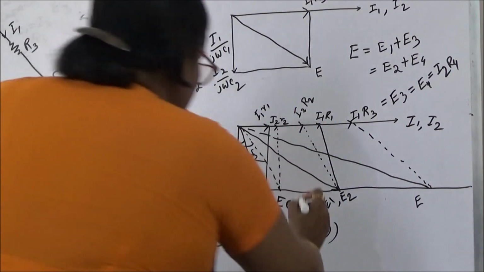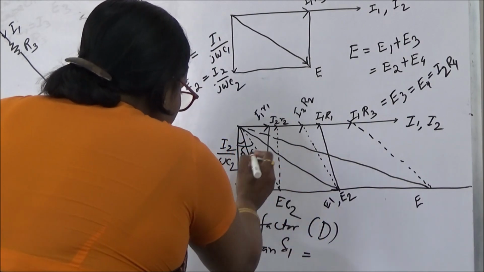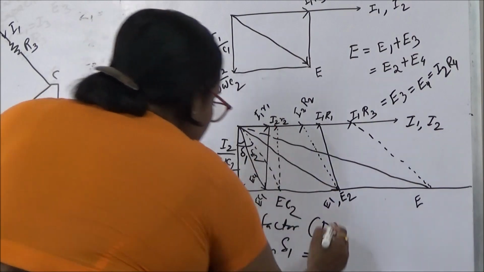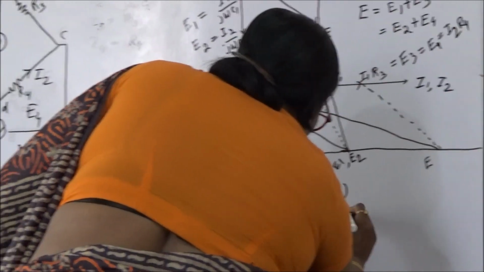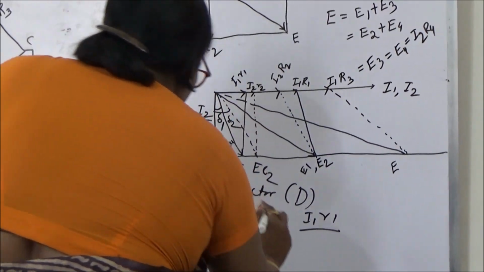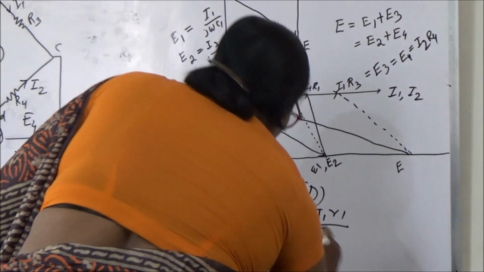Tan delta 1 means that is this I1 R1 by this one I1 by omega C1.